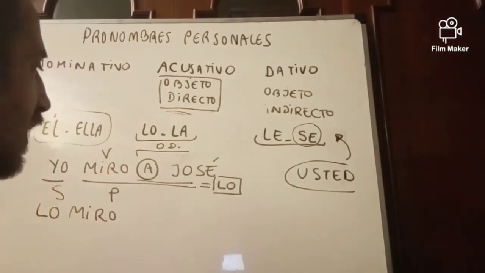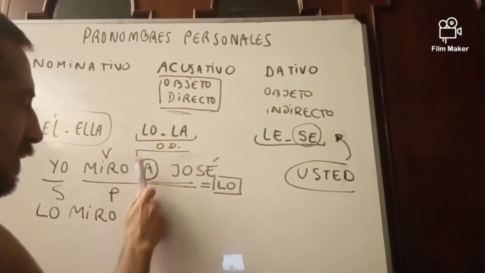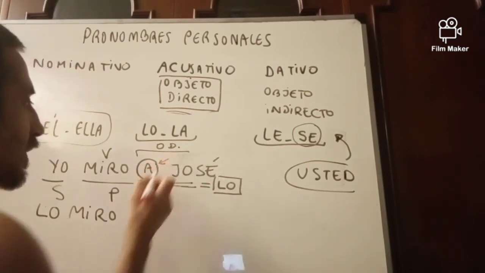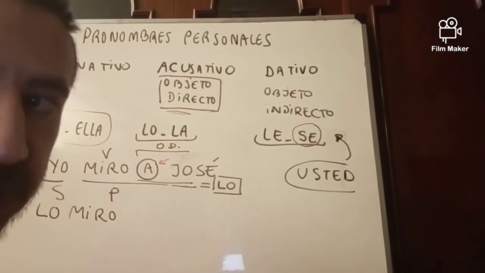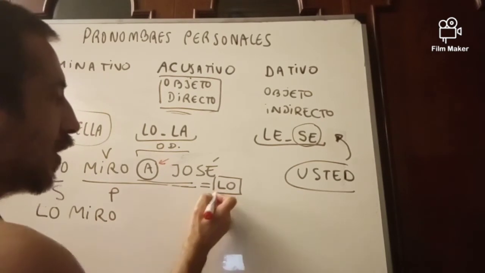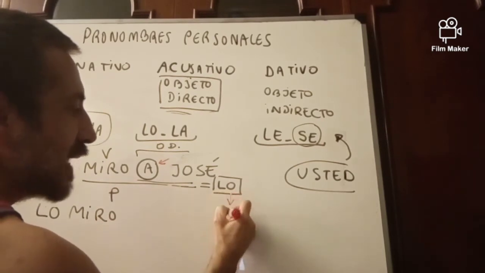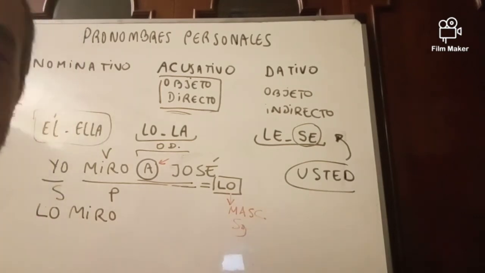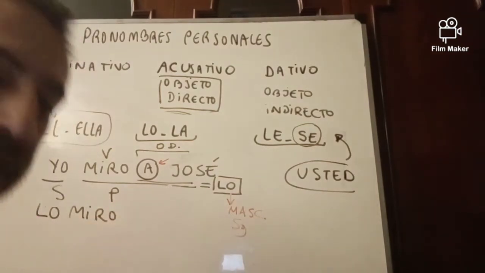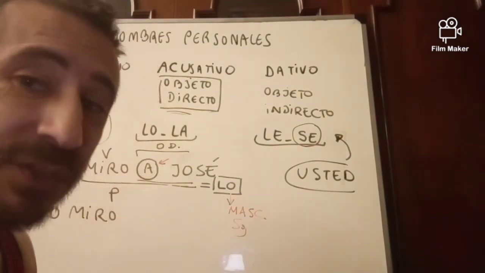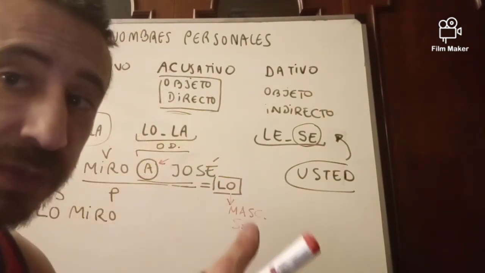Yo miro a José. If we want to replace this proper name preceded by a preposition by an object pronoun in Spanish, the object pronoun will be lo, because it's masculine and singular. And in Spanish, we have to reverse the order of the words.